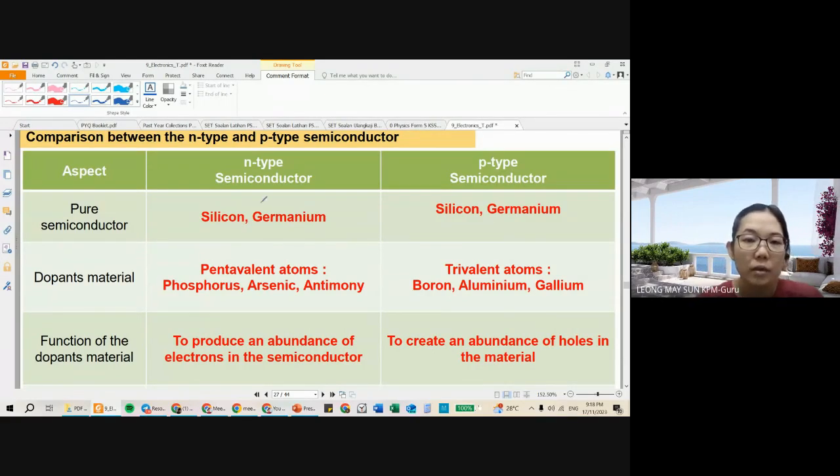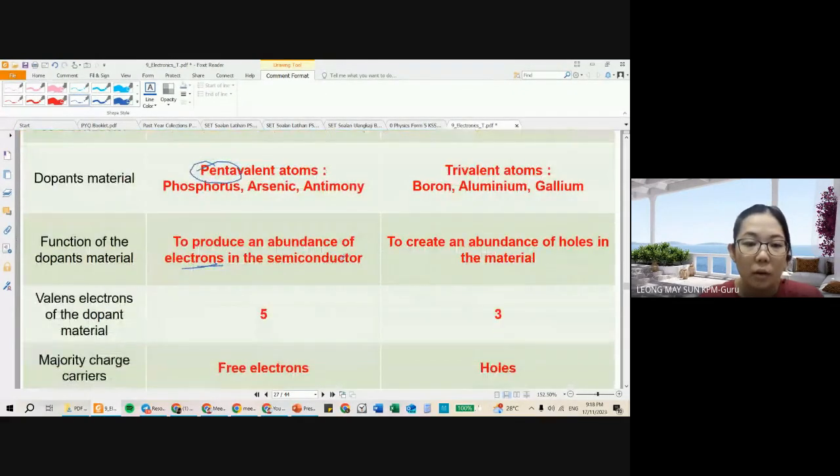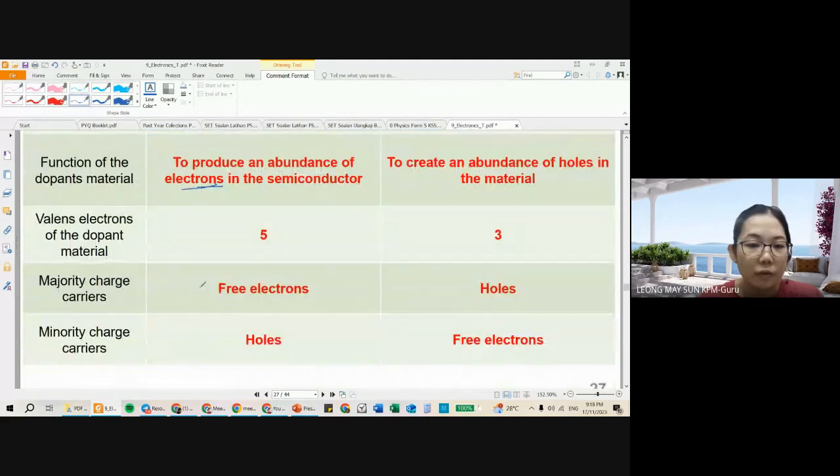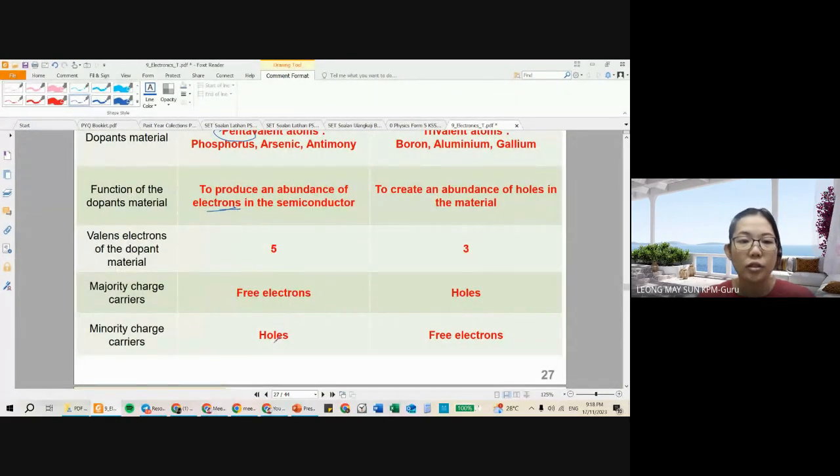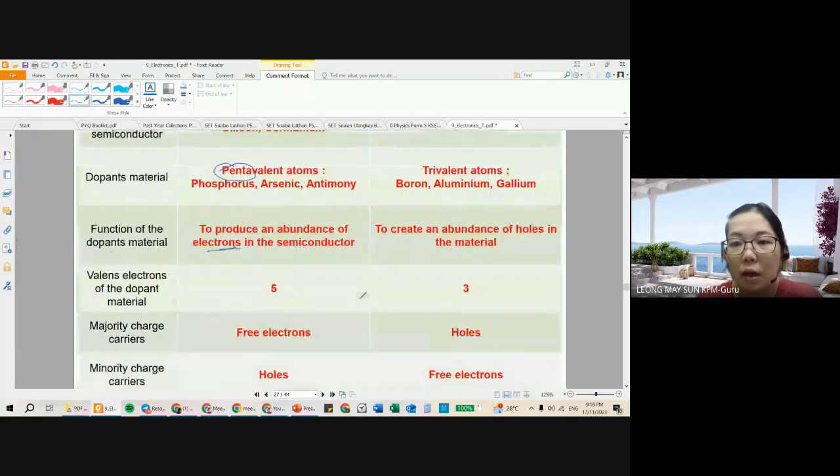The dopant material for N type is pentavalent because we want more electrons, so we need 5 valence electron atoms. They are phosphorus, arsenic, and antimony. Then it will produce an abundance of free electrons in the semiconductor. Over here, the majority charge carriers are free electrons, while the minority charge carriers are the holes.